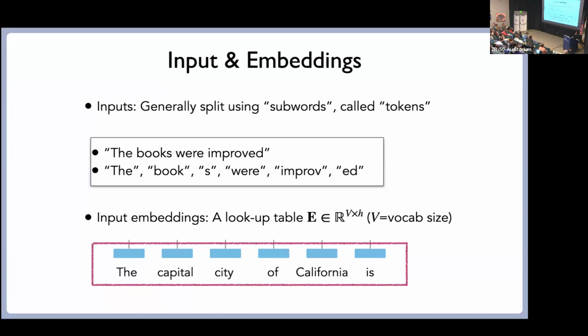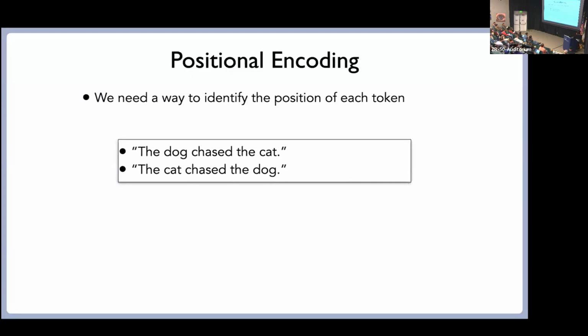So that's pretty straightforward. But another weird thing the transformer does is add something called positional encoding. And what that does is as follows. Word embedding can consider what the word is, but it doesn't really consider the position of each token.